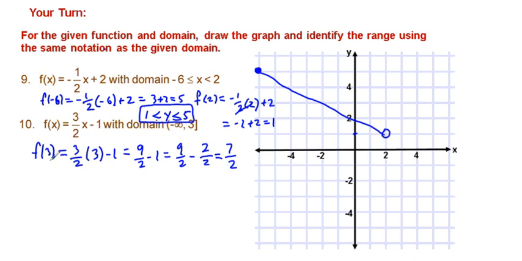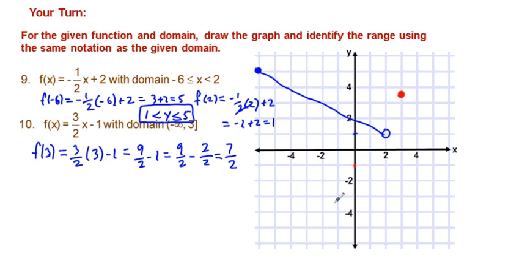So we plug in 3 for x. I'm going to go ahead and do this in red for color coding purposes. We plug in 3 for x, we get 7 halves. Well, 7 halves is like 3.5. So right here, that's going to be greater than or equal to, and the slope is 3 halves, x minus 1, so that's going to be our y-intercept of negative 1.